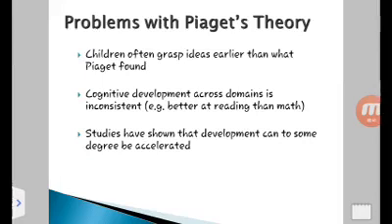According to the critics, children often grasp ideas earlier than what Piaget found, and cognitive development across domains is inconsistent. Some are better at reading than math, some are the other way around. Another one, studies have shown that development can to some degree be accelerated.